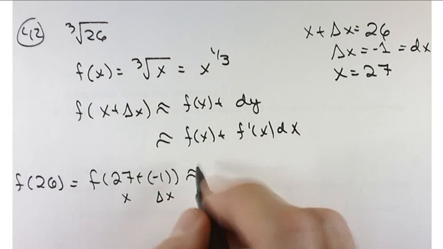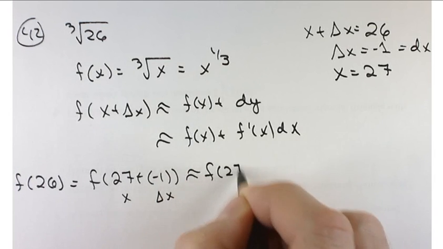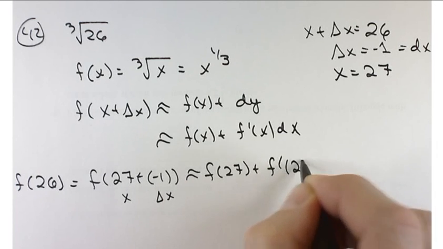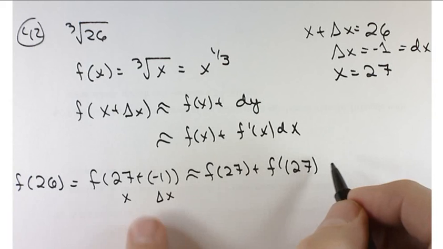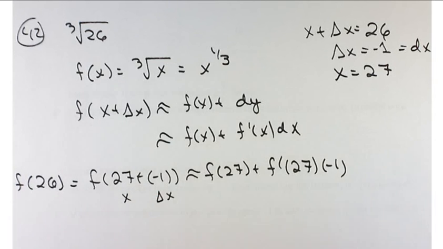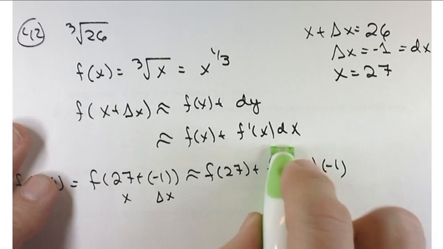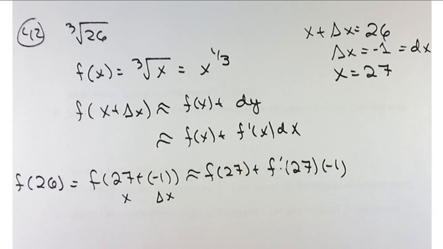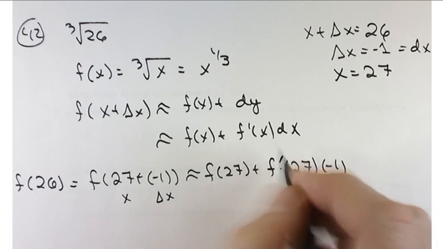It's approximately f of 27 plus f prime of 27 times negative 1. There's only one thing that I'm missing in order to complete this calculation. Can anyone see what I'm missing? Yeah, I need the derivative.